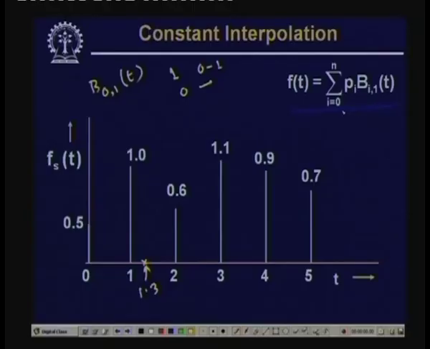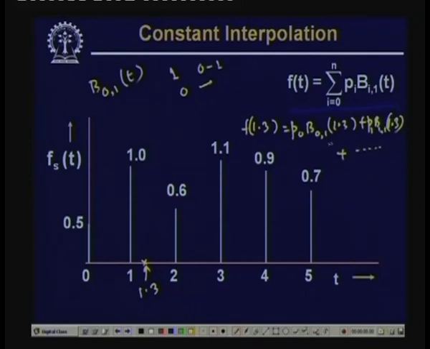So, to do this, my interpolation formula says that f 1.3 should be equal to p 0 into b 0 1 1.3 plus p 1 b 1 1 1.3 and so on.